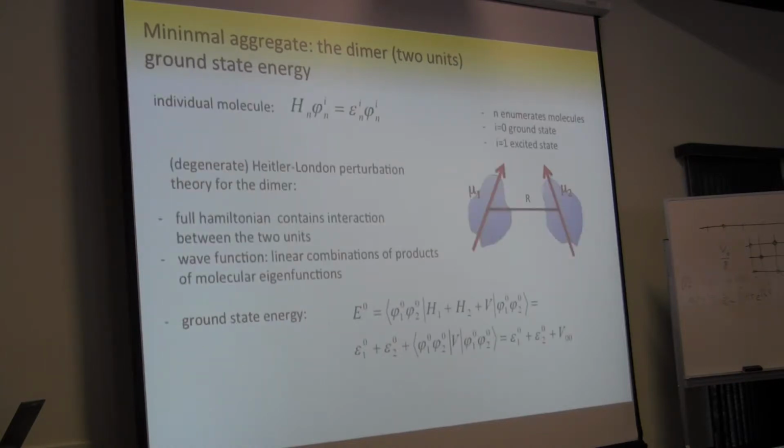What is important to see is that the ground state of this interacting 2-unit dimer system is a little bit different from the sum of the 2 individual ones through the interaction energy. And in general, it's redshifted. So actually the total ground state energy is lower. Why is that? Why is it not higher in general? Because you have more Hilbert space available, more volume where your electrons can settle through the interaction.